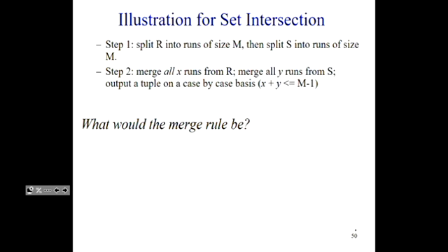What would my rule be for merging if I'm doing set intersection? What is the criteria for merging?